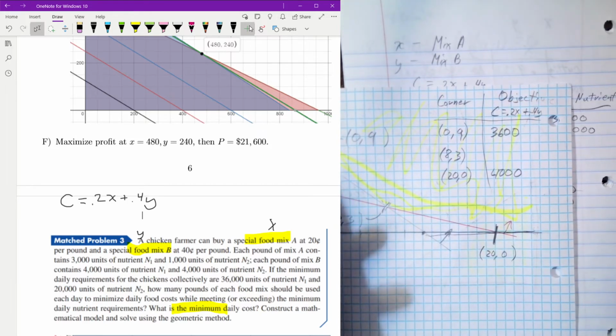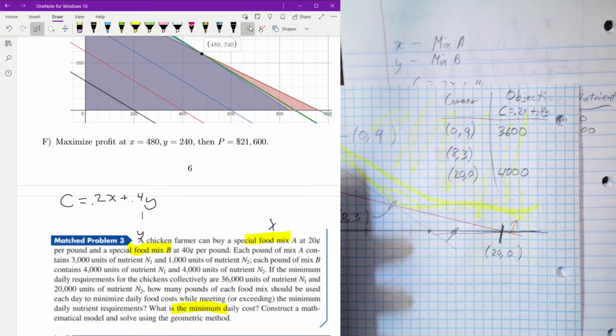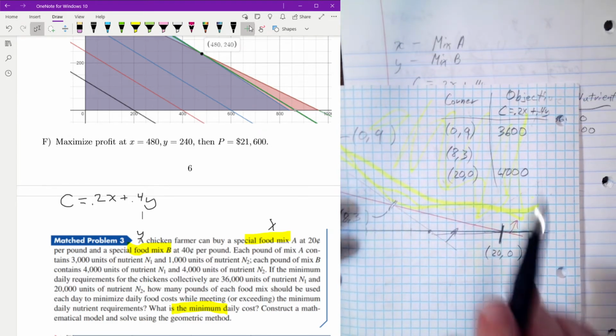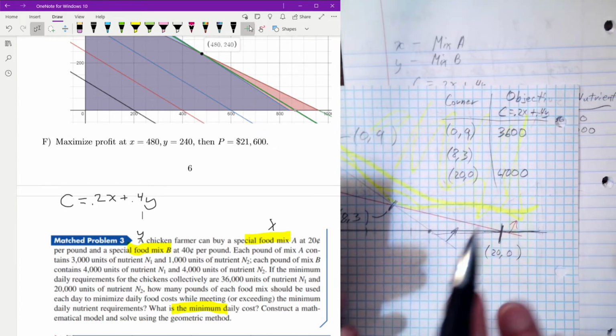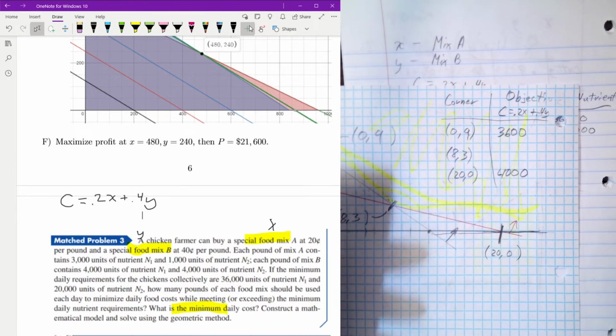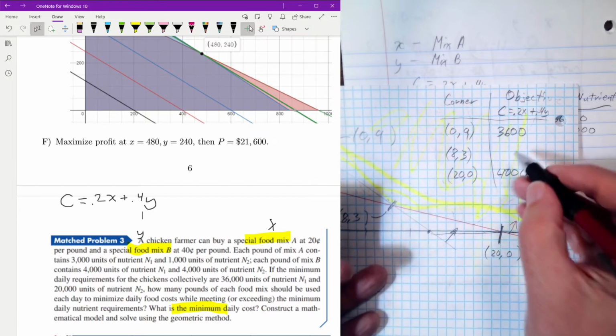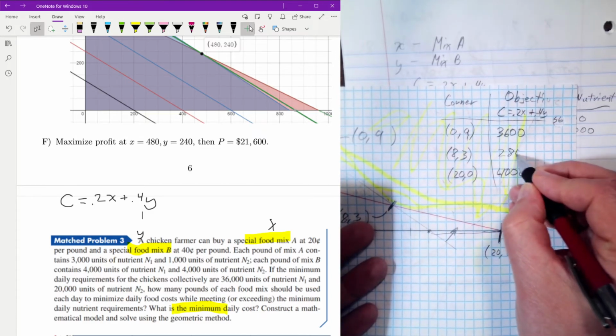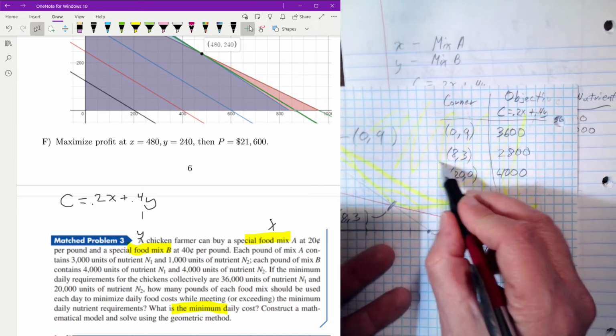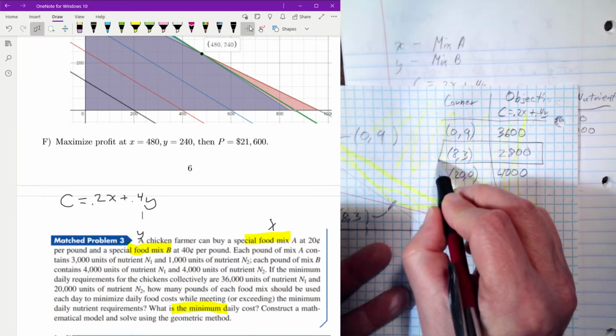Okay. Now remember, we want to minimize our cost. And the last one is 8, 3, so 0.2 times 8 is 1.6 plus 3 times 0.4 times 1,000 is equal to 2,800. If we're looking for a minimum, this is our minimum.